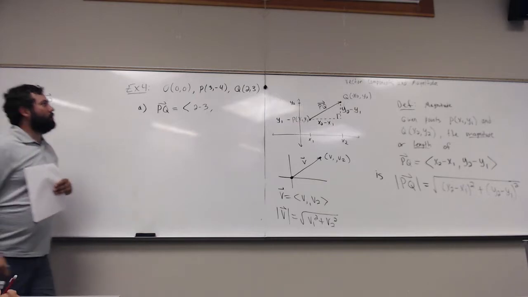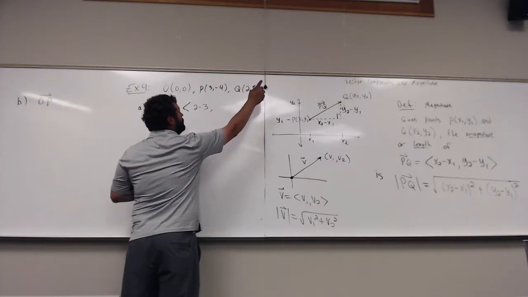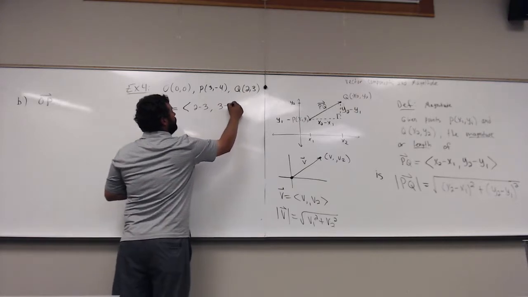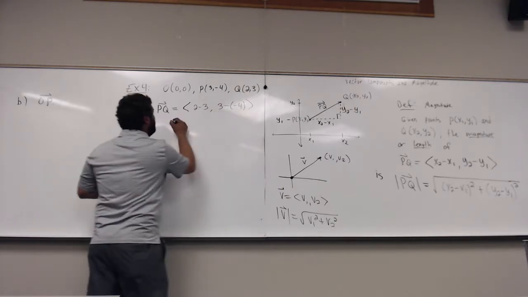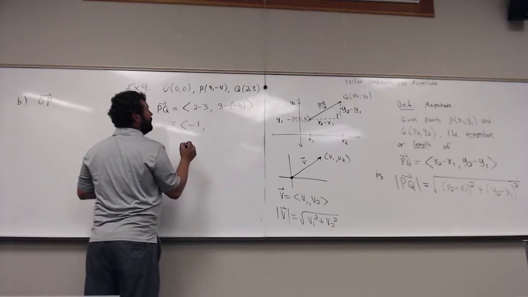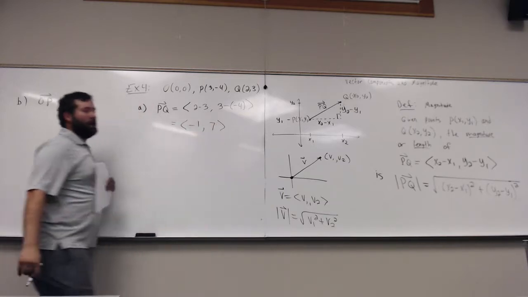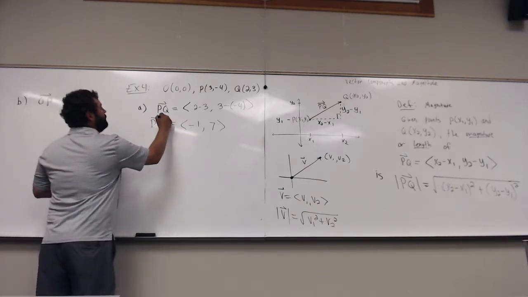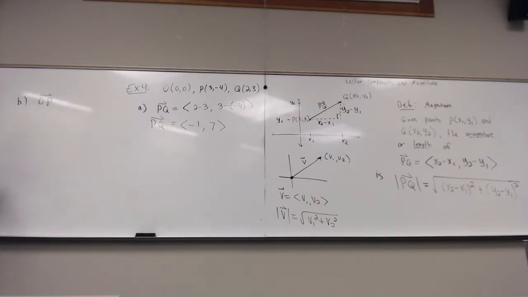And then the y component is just the difference of the y coordinates of the finishing point minus the initial point. So 3 minus negative 4. So the components would be minus 1 comma 7. So that would be the components of the vector with tail at P and head at Q.